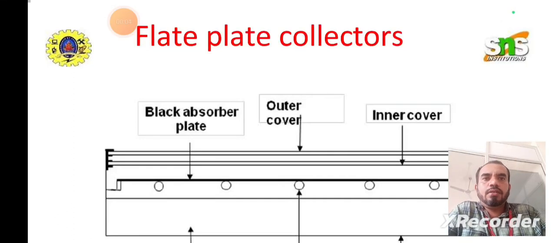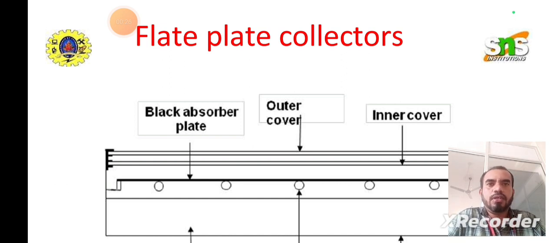Good morning, everyone. In our previous series on solar, we have seen why we are using solar energy, what the advantages of solar are over other renewable energies, and what the solar constant is.